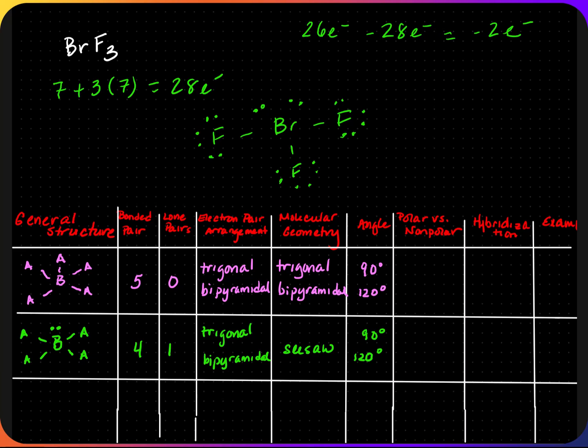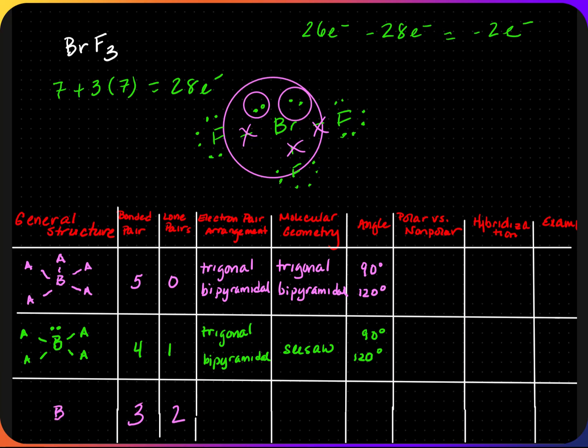And I have less than the total valence electrons. That means the remainder must go to the central atom. So if I look at Br, the central atom, it has 3 bonded pairs, 1, 2, 3, and it has 2 lone pairs, 1, 2.